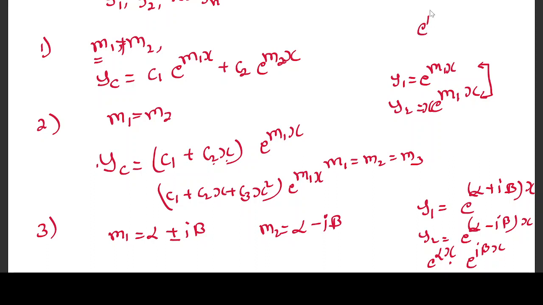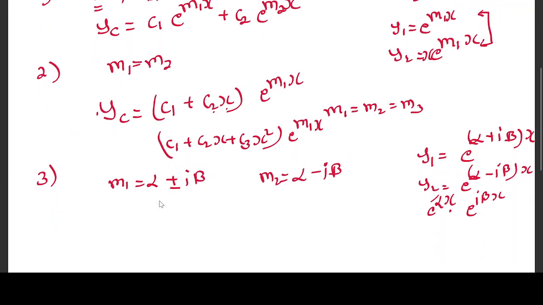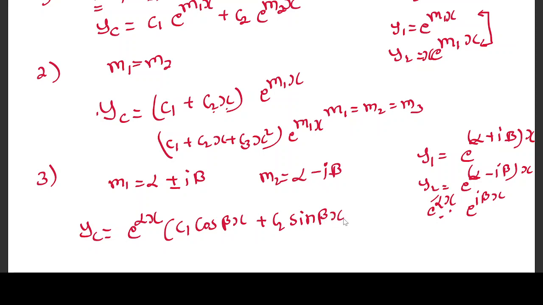If you have seen somewhere earlier, e power i theta is cos theta plus i sin theta. Using this expansion, we can simplify the form of writing this complementary function. After simplification, we'll get the complementary function as e power alpha x into c1 cos beta x plus c2 sin beta x.